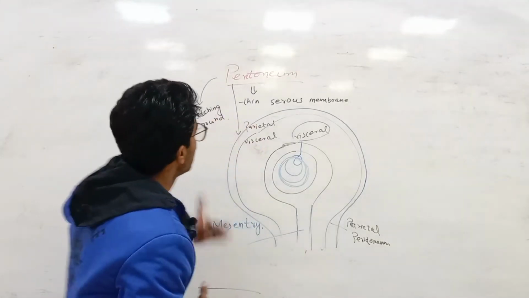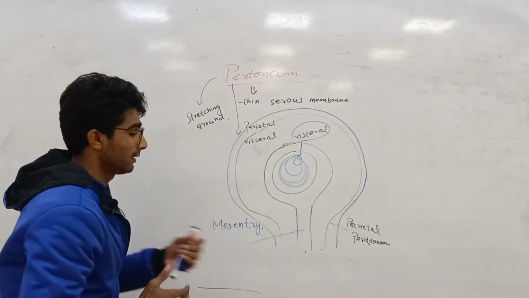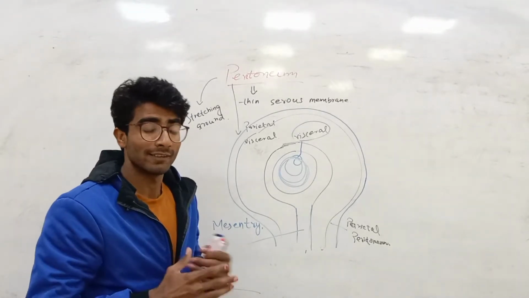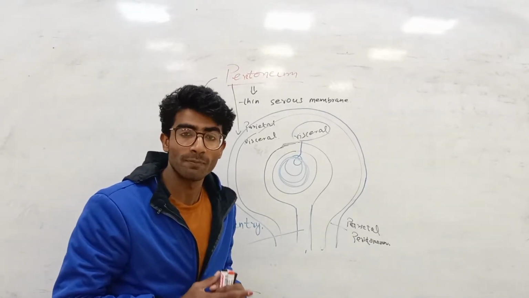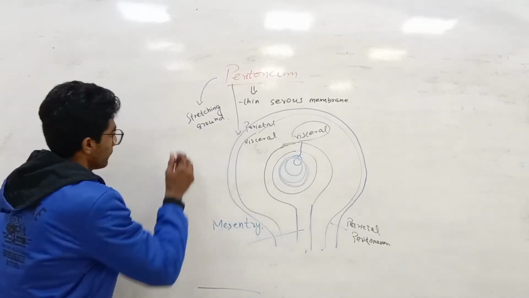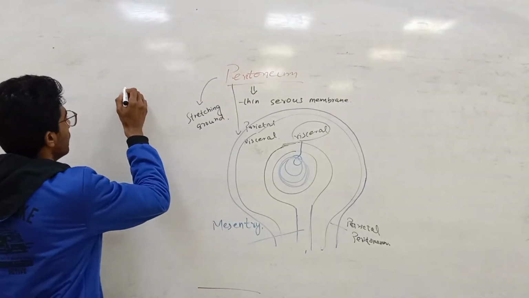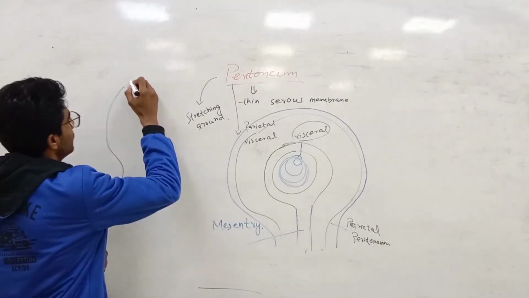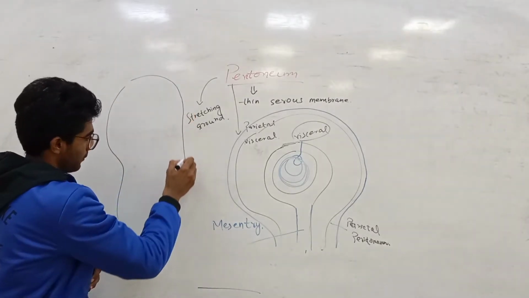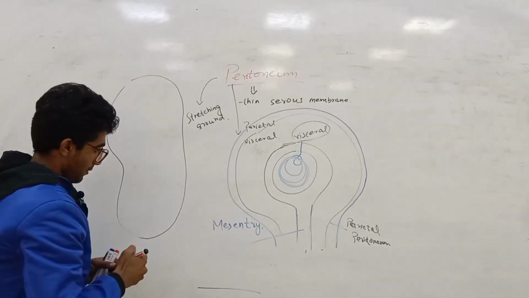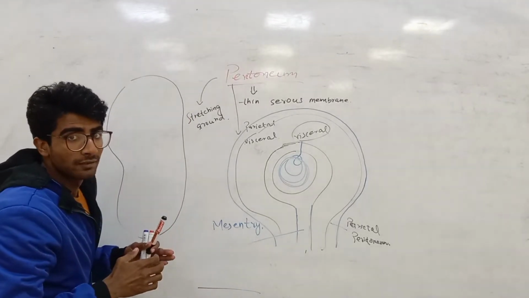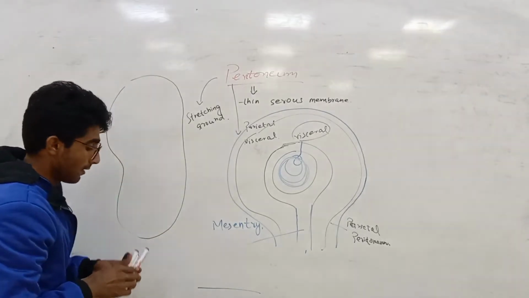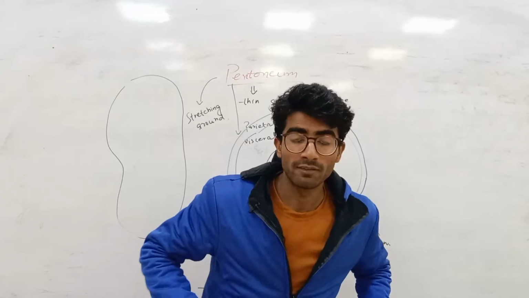We are drawing another structure, which is the sagittal section of peritoneum. Suppose this is our balloon, a fist-like structure, a space which is present in the abdominal region.